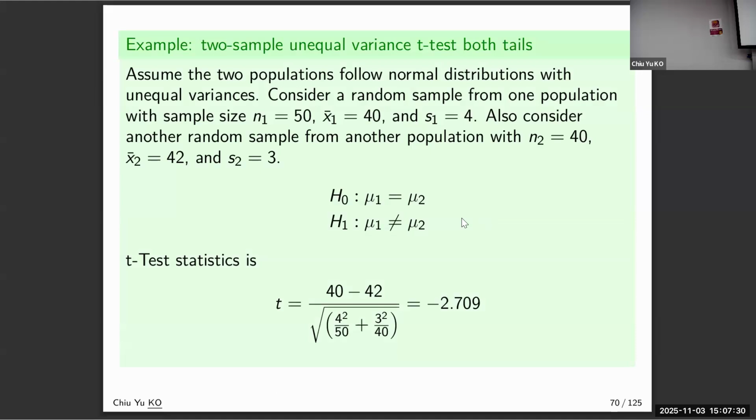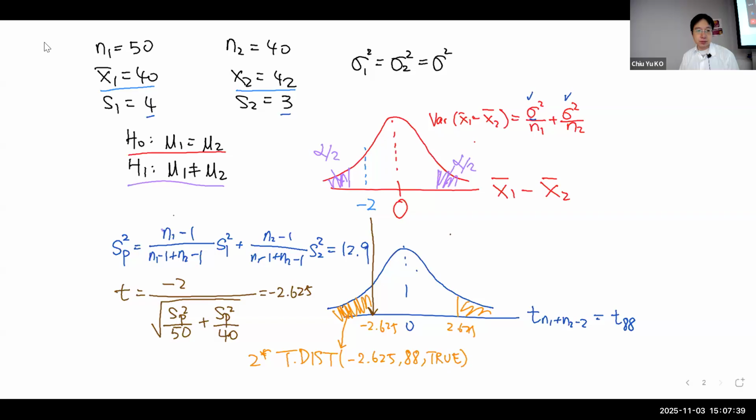So let's see how this question is done. I have the same question here, but now I no longer have this one. So what's different is this one is no longer valid. Let me write that again. The question we have is the following.